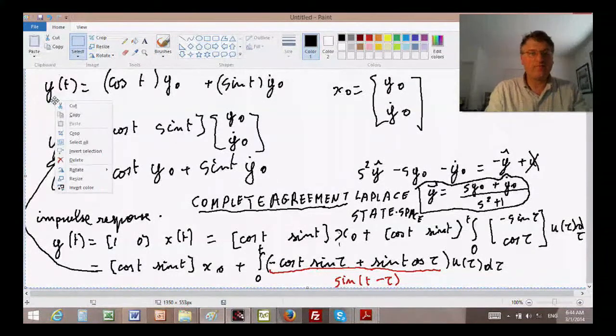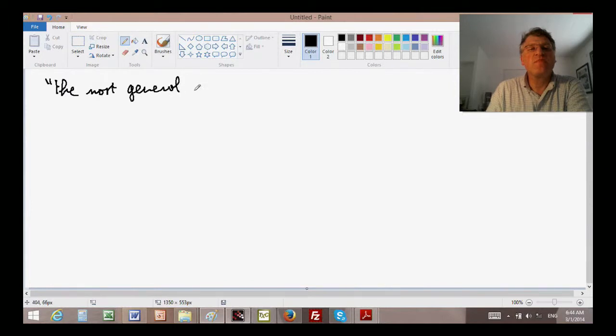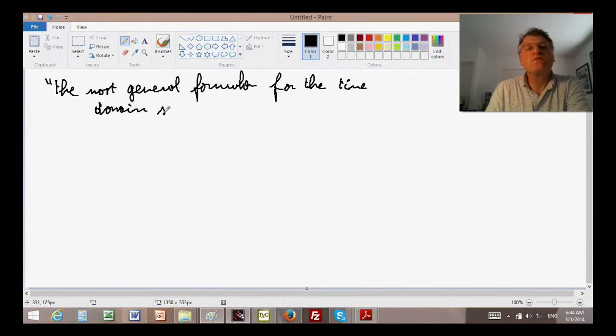So as I said, we are interested in getting the most general formula for the time domain solution to the dynamical system.